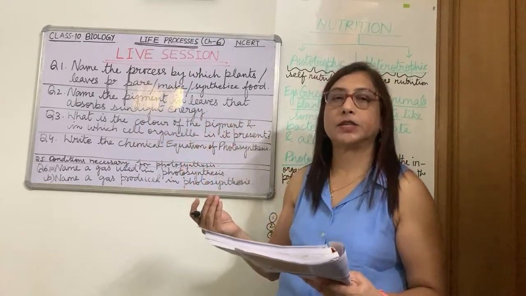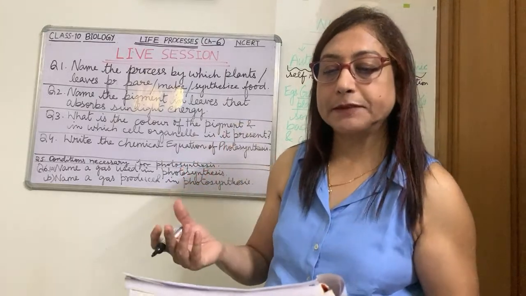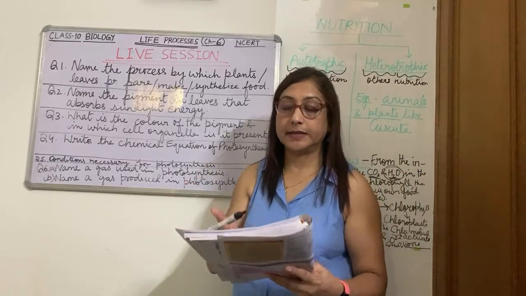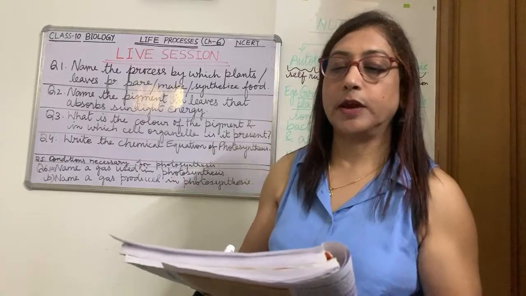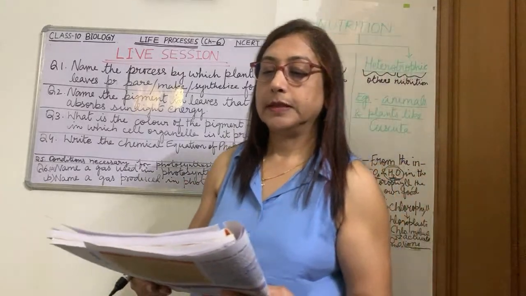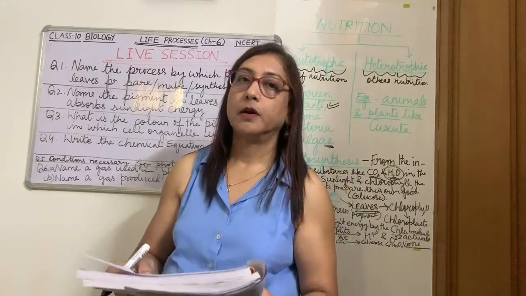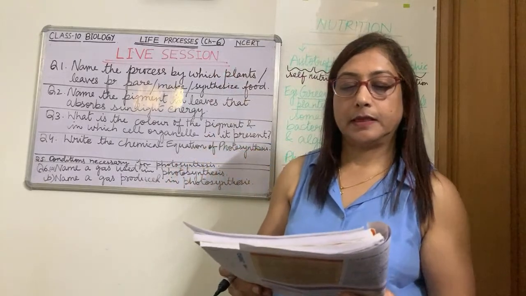Together they are known as vascular bundles. They have specific functions which you have done in class 9, but I'm repeating it. So what do you think? Can you answer this question? The xylem in the plants are responsible for transport of water. So A is correct.